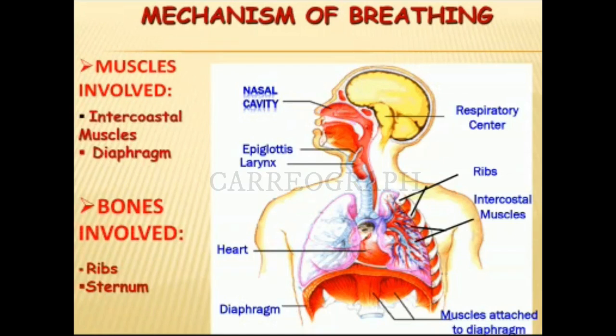The contraction of the diaphragm and expansion of the intercostal muscles cause a pressure variation, and thus air from outside comes inside. At the same time, when there is relaxation of the diaphragm and contraction of the intercostal muscles, due to pressure variation, air from inside goes outside. So friends, we have seen the entire process of breathing.